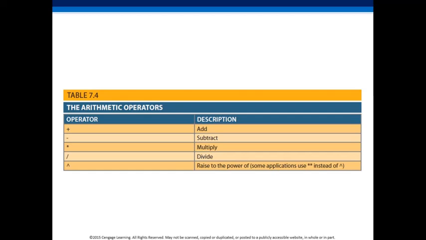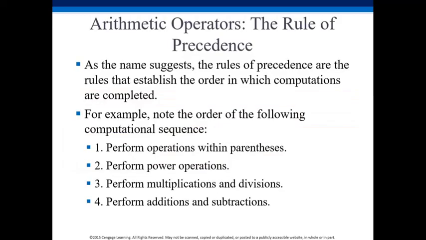So, let's proceed to the rules for the arithmetic operators. As the name suggests, the rules of precedence are the rules that establish the order in which computations are completed.